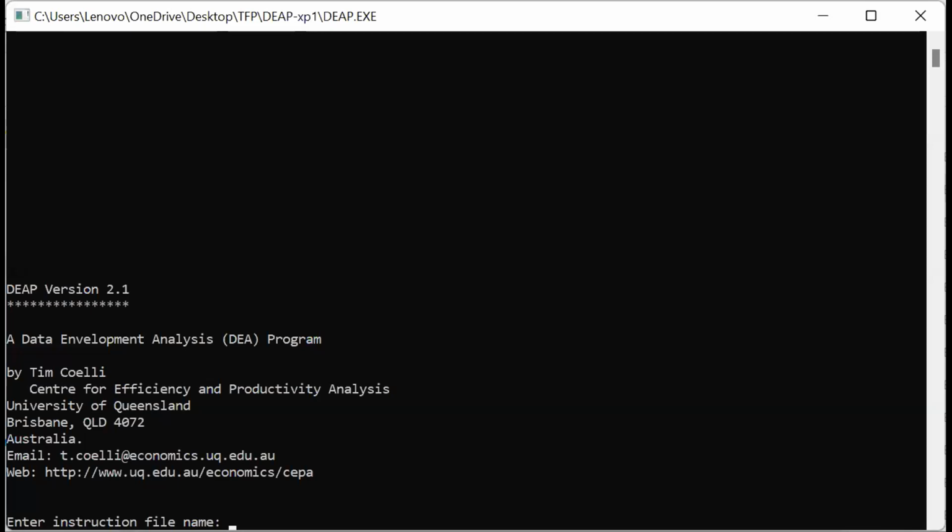Here, enter the instruction file name. I will enter EG4ins.txt, which is the instruction file.